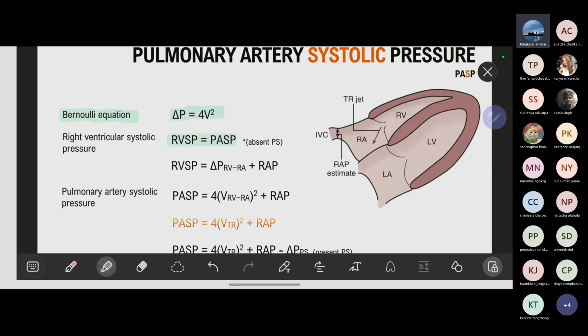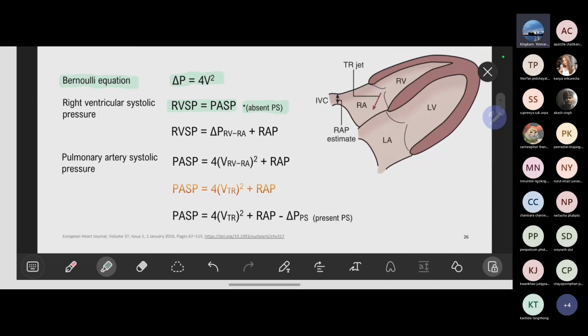So PASP is equal to RVSP in the absence of pulmonary stenosis or outflow tract obstruction. RVSP is obtained from the RV-RA systolic pressure difference, which is the TR velocity, added to RAP.